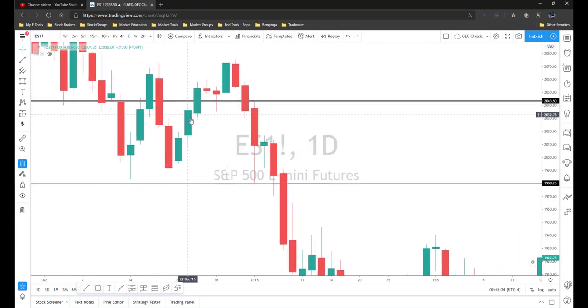So get very used to the idea of looking at a swing high or a swing low and then stepping into the lower time frames and asking yourself, where is that pullback going to be? Now, here on the daily, these wicks don't look like they stopped at any particular spot.